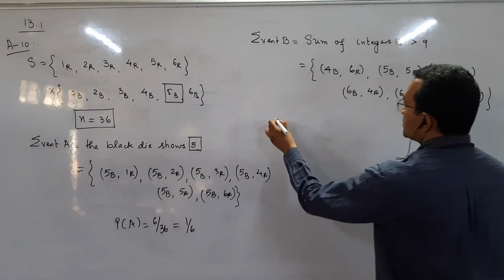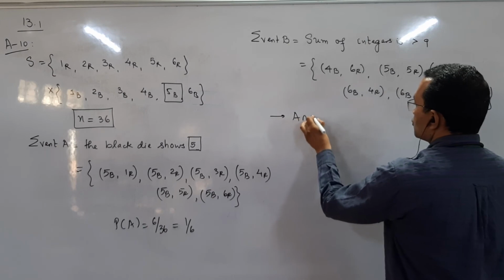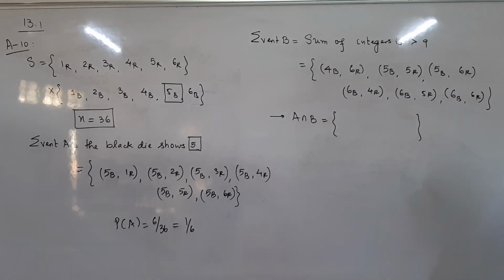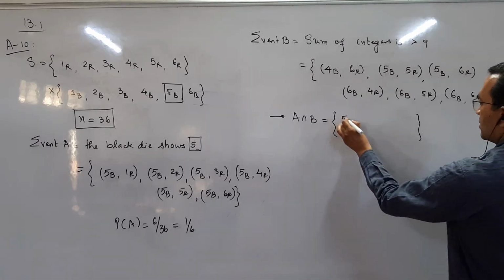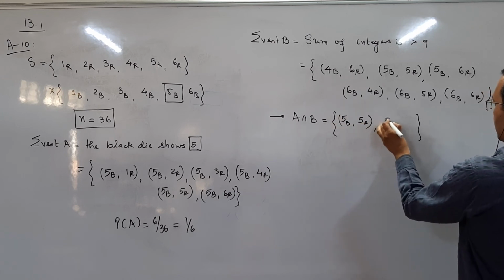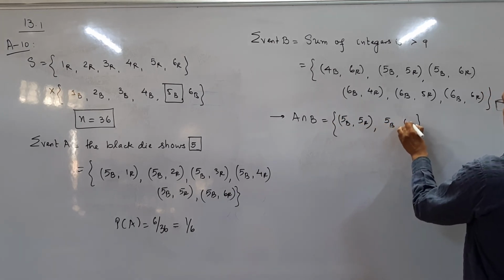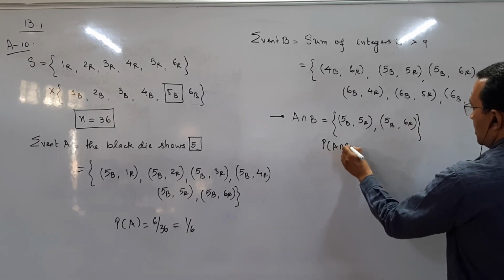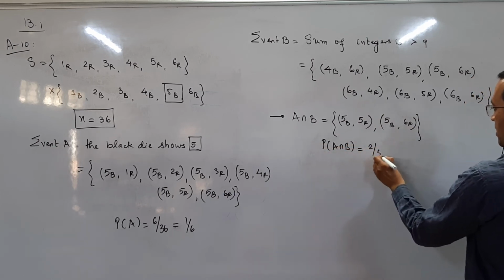Now, what is A intersection B? That is easily understood: 5b 5r and 5b 6r. So the probability of A intersection B is 2 by 36.